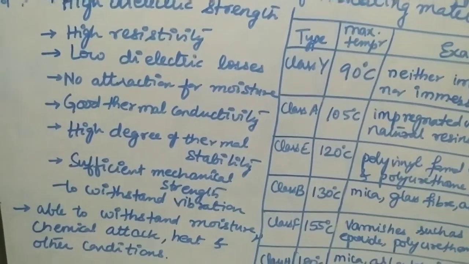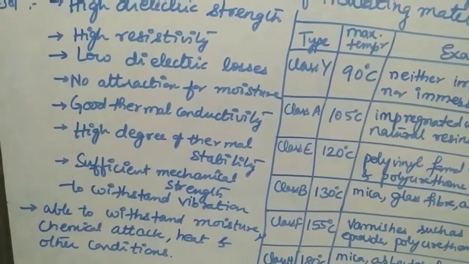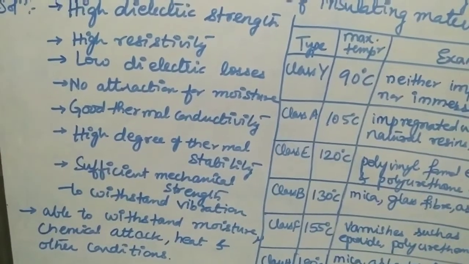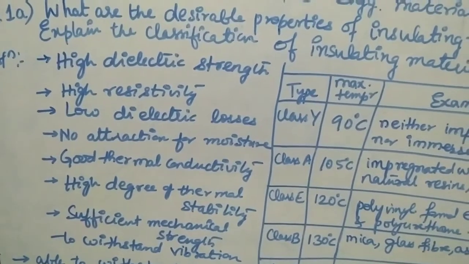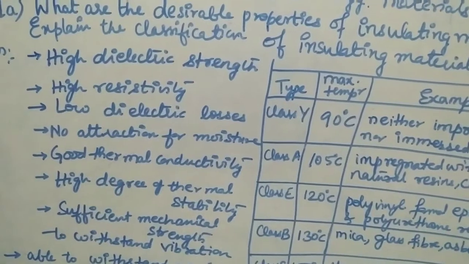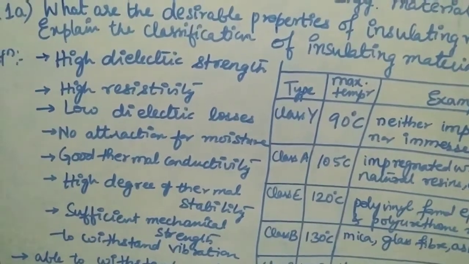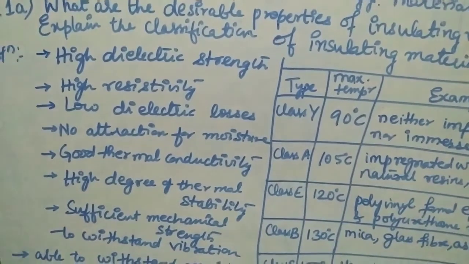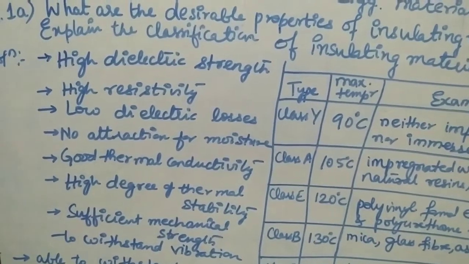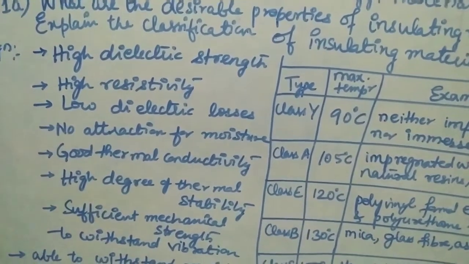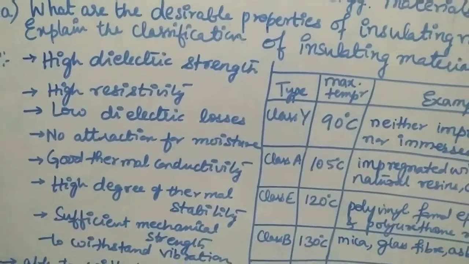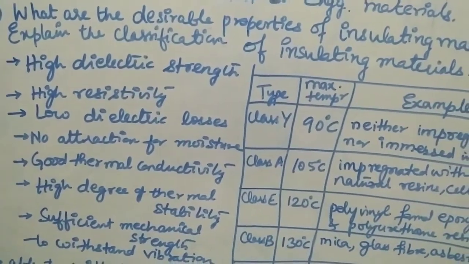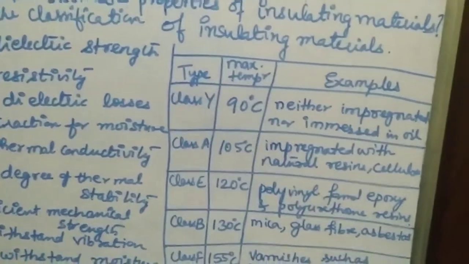These standard points need to be mentioned when discussing the properties of insulating material. The next part of the question is to explain the classification of insulating material. The examiner would expect you to mention these standard properties, and along with that we have to write down the classifications.